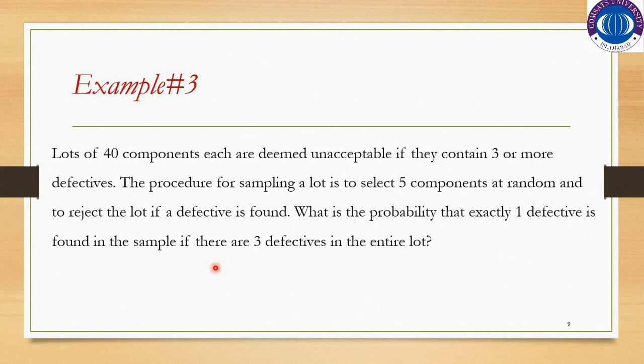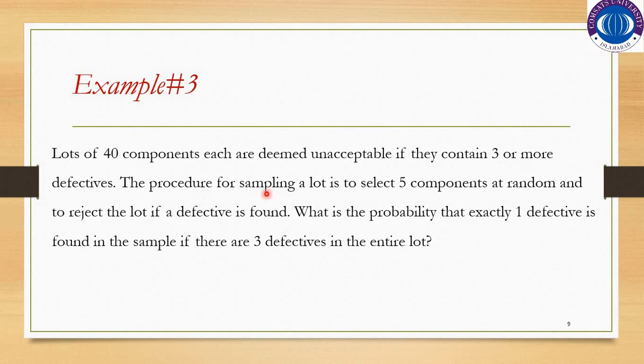Lots of 40 components each are deemed unacceptable if they contain 3 or more defectives. So as they are saying, there are 40 components in a lot and the lot will be unacceptable here, the word unacceptable is used, if it contains 3 or more defectives.